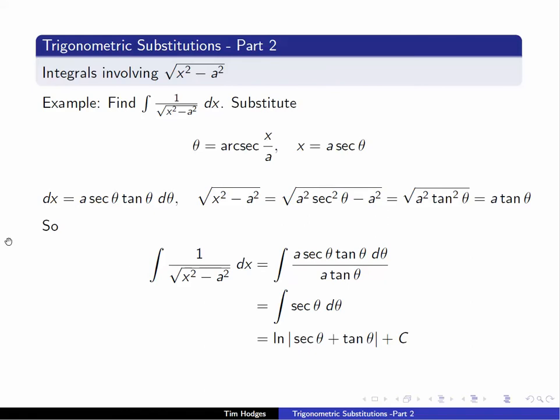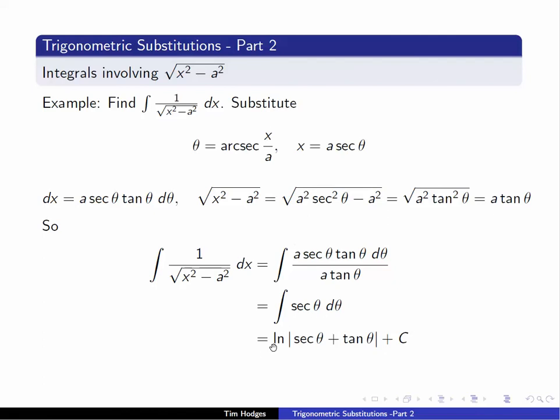So going back to our original problem, the integral of 1 over root x squared minus a squared will convert to putting in the differential, a secant theta tan theta d theta, and then substituting for this bottom term, that's just a tan theta. So the a's cancel out, the tan thetas cancel out, and we get secant theta.